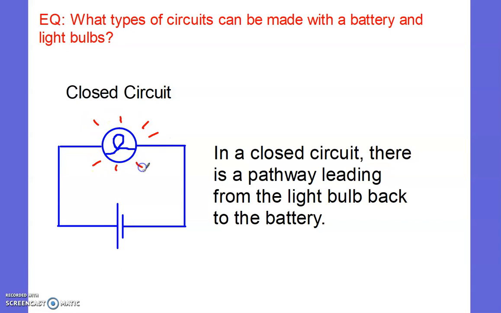So in this situation, we have the left side of the light bulb connected to the positive terminal, and the right side connected to the negative terminal. As long as one side touches the positive and the other side touches the negative, the light bulb will light up, and we call this a closed circuit.